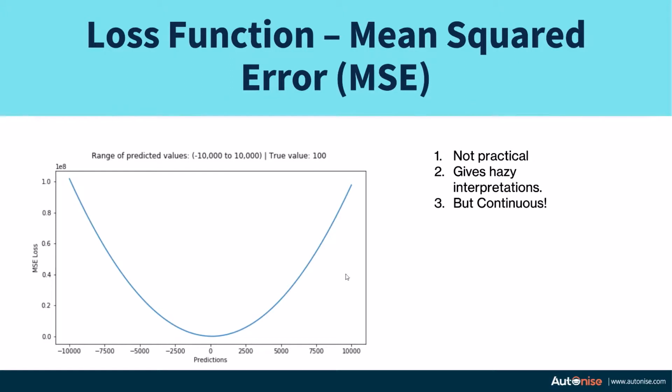But the only good thing about MSE is that it is continuous. If the output changes slightly, the mean squared error would also change slightly. So the mean squared error is continuous, and hence it is good for us, and it will help us to automate the task of finding the best values for the weights of the neural network.